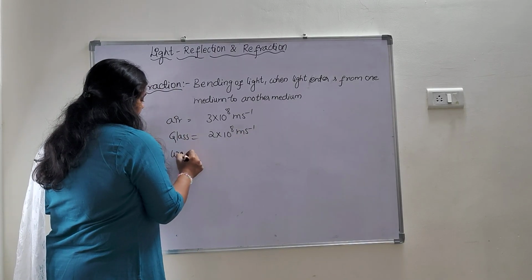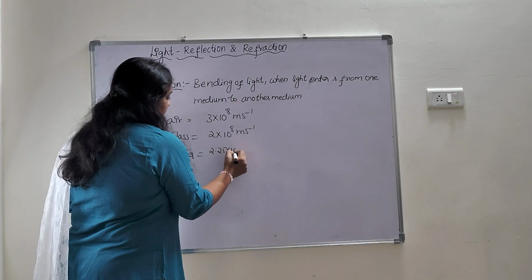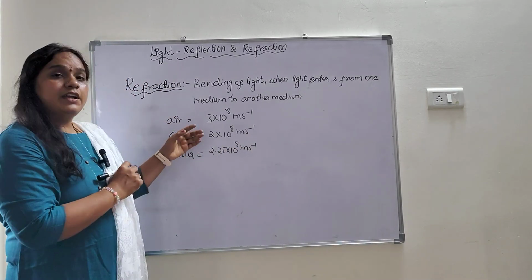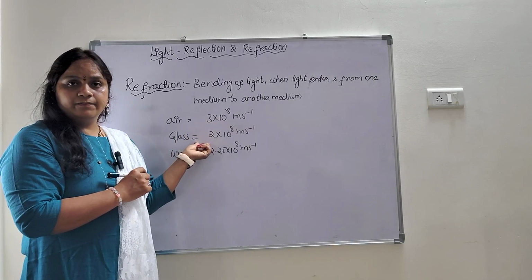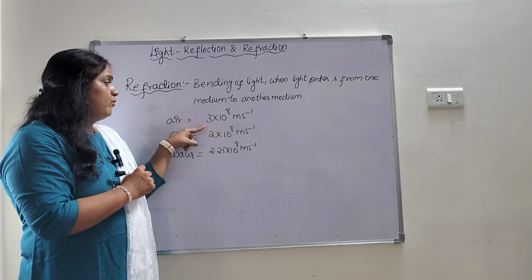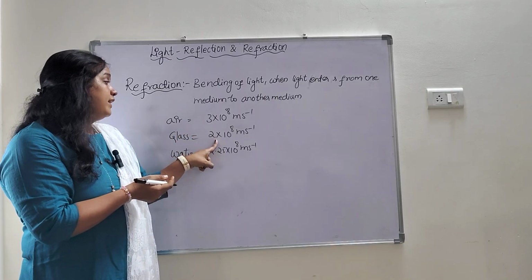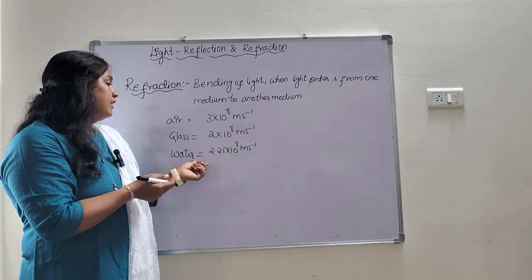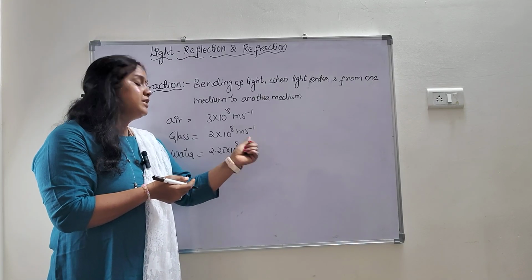Whereas speed of light in water is 2.25 into 10 to the power of 8 meter per second. So are the speeds in air and glass the same? No. They are different.